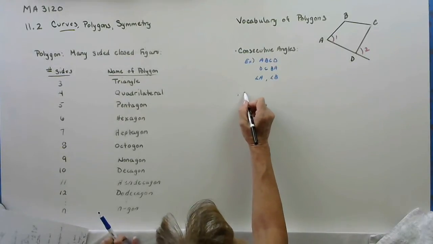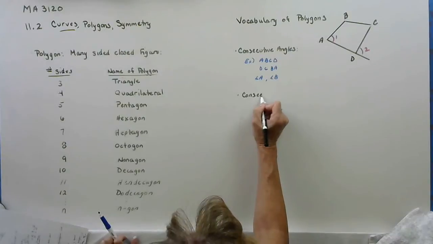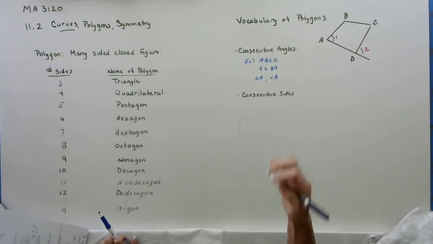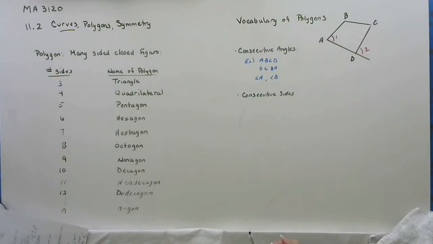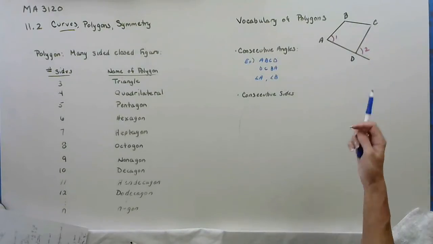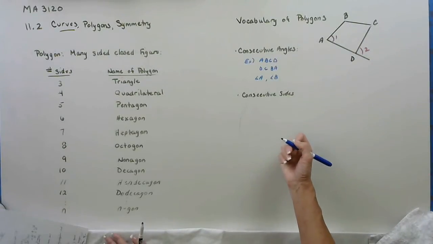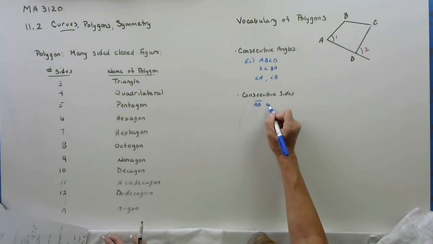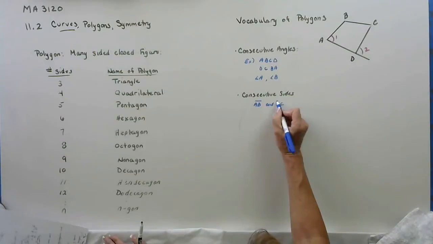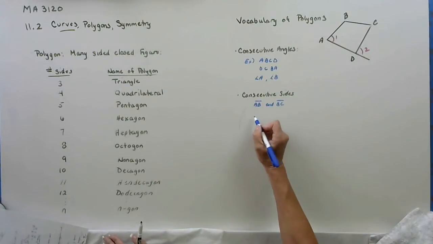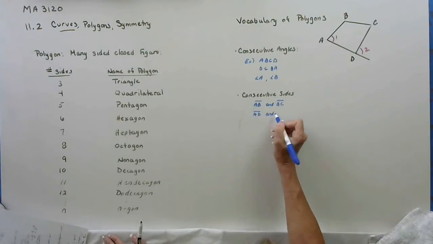And we also have consecutive sides. And again, those are the side lengths, or the sides that are going in particular order. So perhaps I'm going from A to B, and then B to C. So examples of consecutive sides might be side AB and BC. Or I could have side AD, now you have a choice.